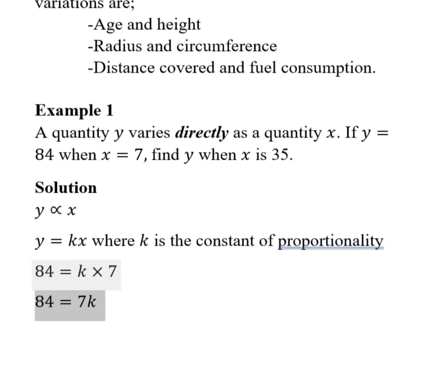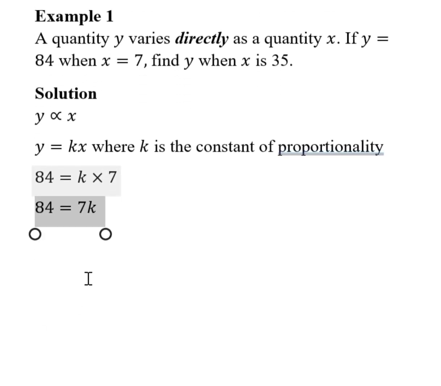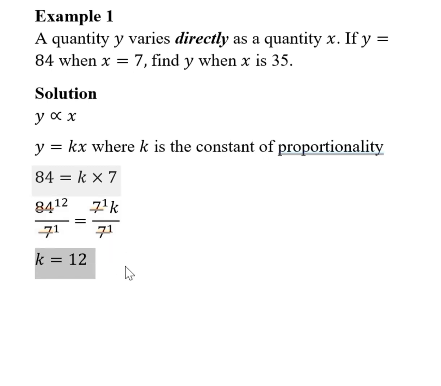For us to get k, we divide both sides by 7. If we do that, 7 cancels 7 once, and it cancels 84 twelve times. So that means our k is equal to 12.